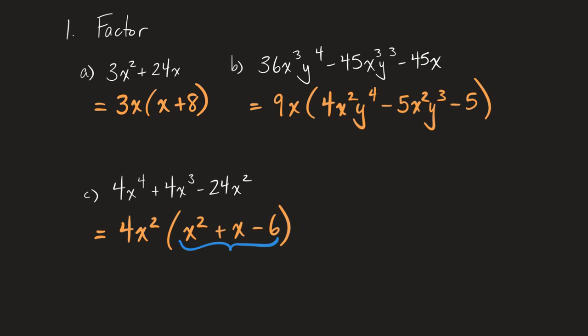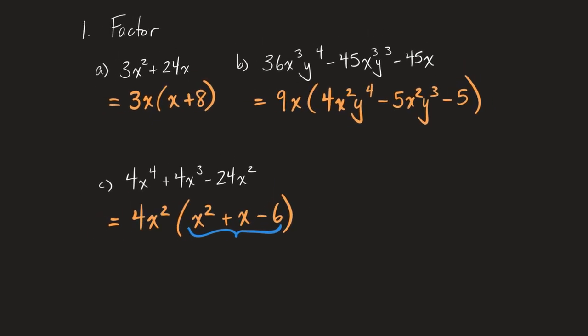Now, I would have no concern if I was looking at that and saying, well, I don't know how that factors. But let me just draw to your attention the green. So if I took one more line and I wrote that as 4x squared times, and I focused in on that trinomial you see, if I took an x plus 3 and I multiply it by an x minus 2, that actually gets me back to x squared plus x minus 6.